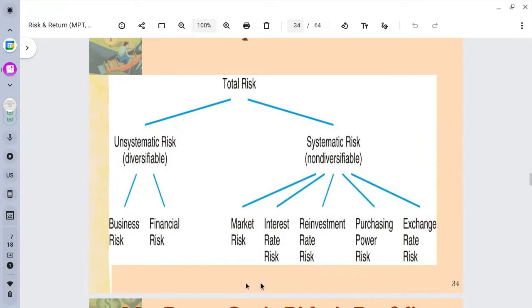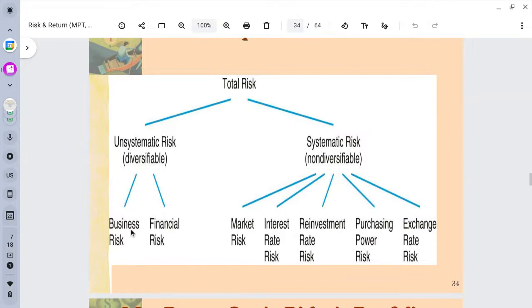And then there was default risk. Financial risk is default risk. The other one is liquidity risk. But in stock, liquidity risk can be part of this as well.